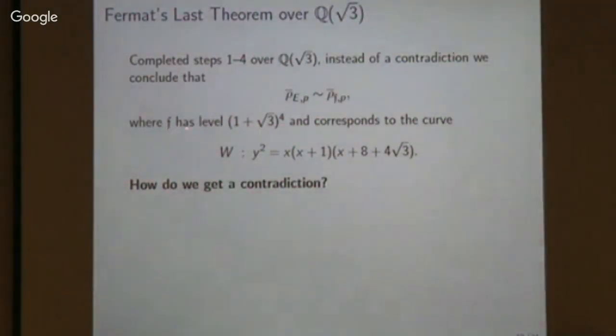But due to modularity, this modular form f is going to correspond to this elliptic curve. This is a very concrete elliptic curve. This is the obstruction to solving Fermat's Last Theorem over this field. So we need to show somehow that we can still rule out the congruence with this elliptic curve.